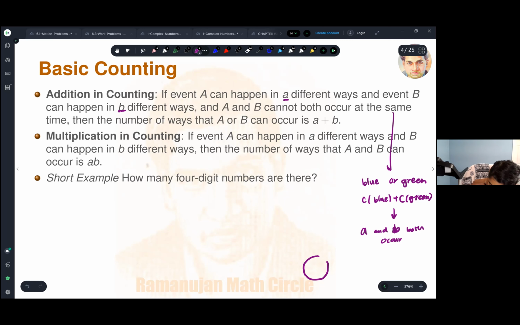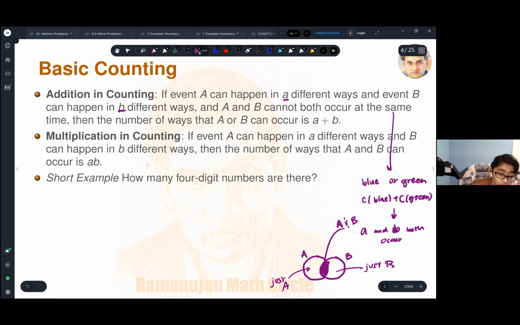Many of you might have heard of this before. Let's say this is event A, this is event B. This shaded portion over here is A and B, when A and B both occur. This is when just B, and this is when just A occurs.